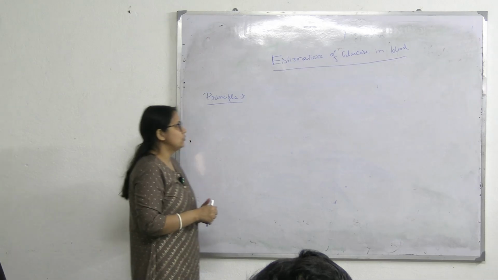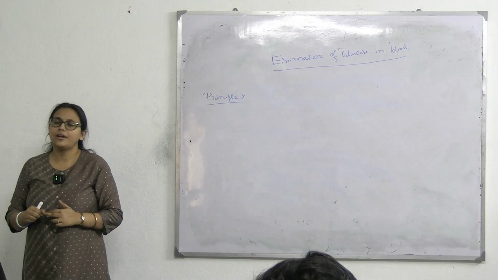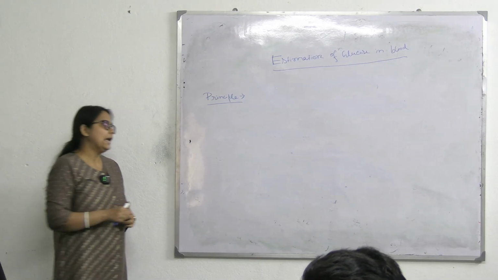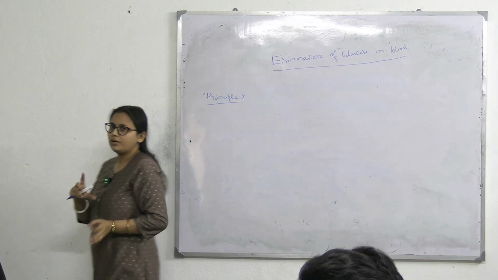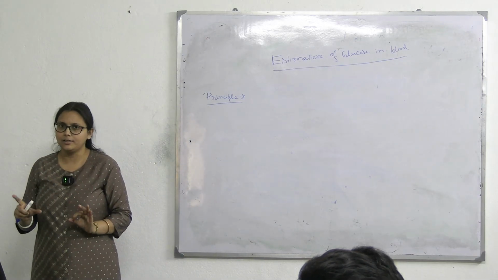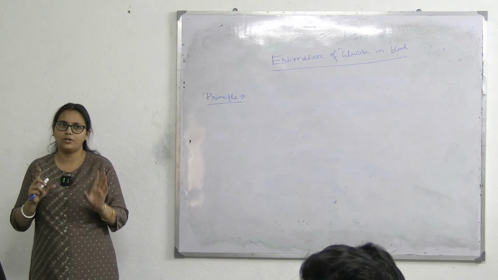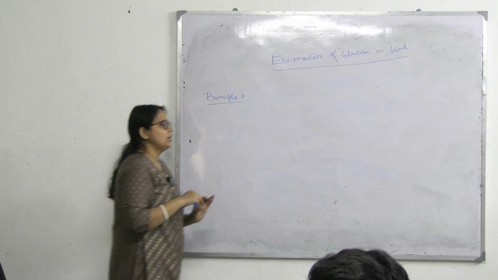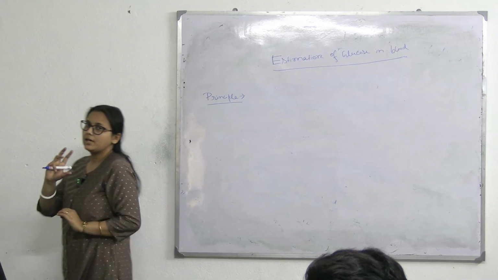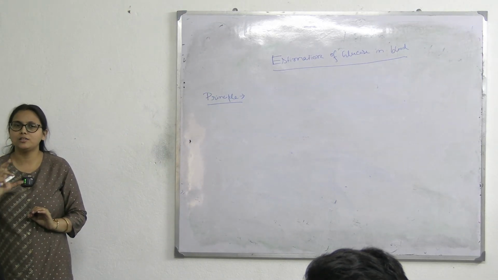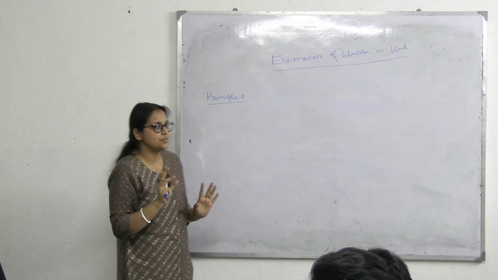So glucose will be converted into gluconic acid and hydrogen peroxide, H₂O₂. In the next step the hydrogen peroxide will further react with phenol and 4-amino antipyrine present inside the reagent, and it will produce a dye complex. The name of the dye is quinoneimine, and this complex has a specific color, that is pinkish red.